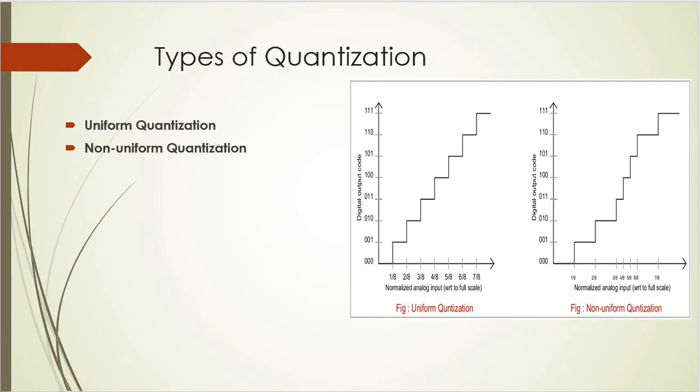Now in actual practice, such a quantizer is very difficult to achieve. That is, a quantizer with varying step levels, or varying quantization levels, is difficult to achieve. So to achieve non-uniform quantization, we use a process known as companding.